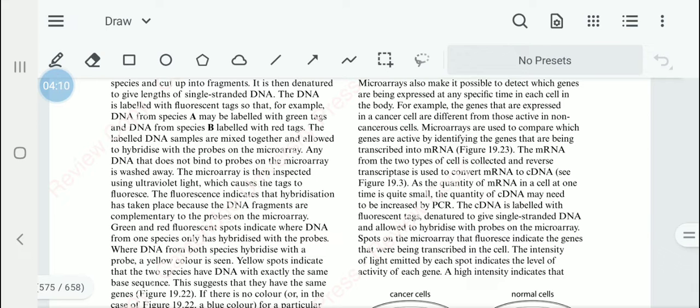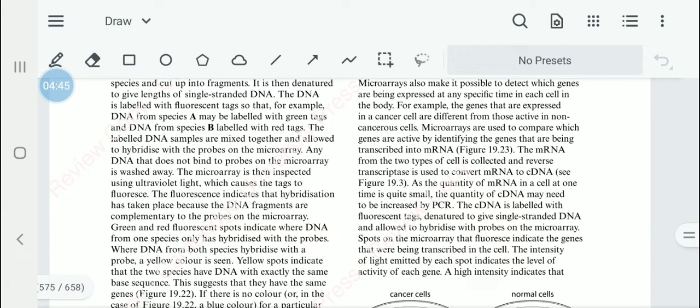The similar base sequence would be present in many numbers, not only one. Because we are checking two DNA samples from two species on a single array, if A and B both contain this gene sequence, then the green tag will also join up with that base sequence on the array.